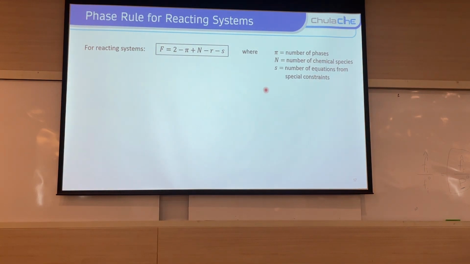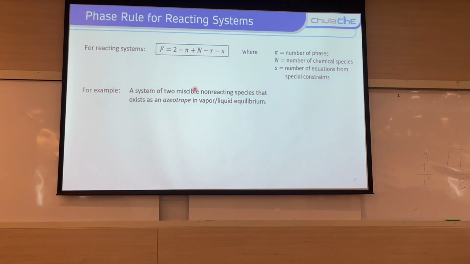The example is, for instance, you have one system with two species which do not react together, existing in vapor-liquid equilibrium. So two phases, right? Vapor-liquid equilibrium, two phases. So how many degrees of freedom are in this system? Let's first start. If there is no azeotrope, we just neglect the azeotrope at first.